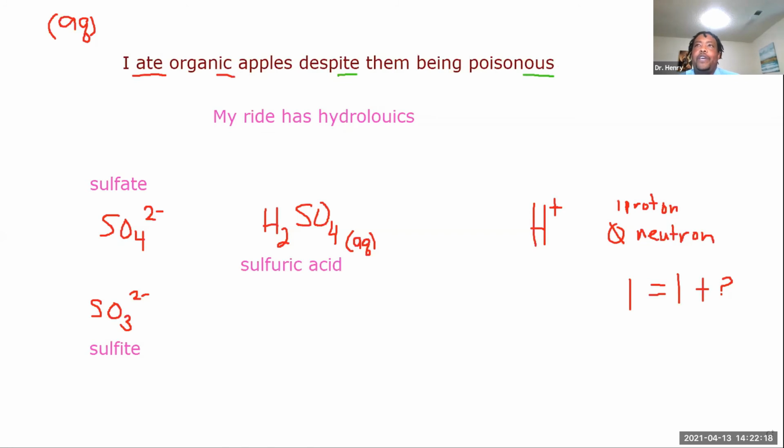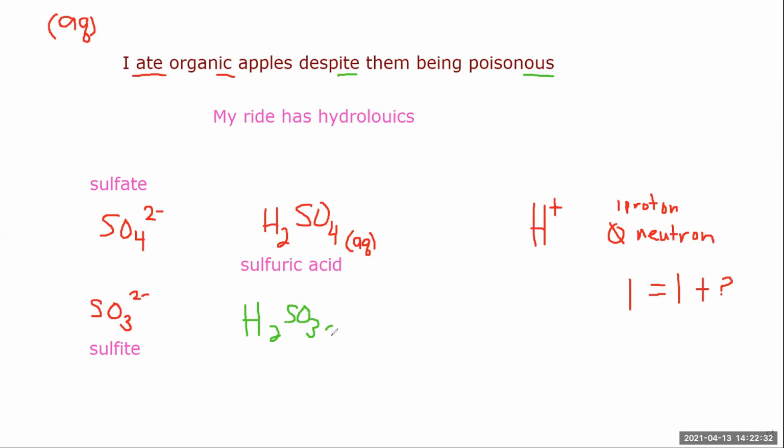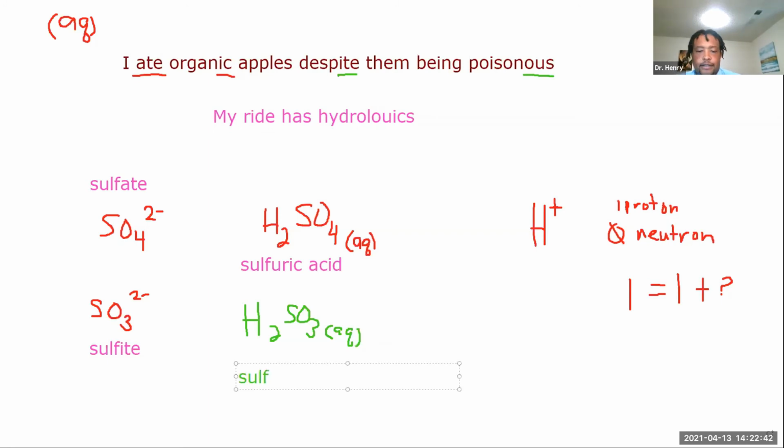So in the case of H2SO3 (aq), we will call this acid sulfurous, like, I am so furious at you.